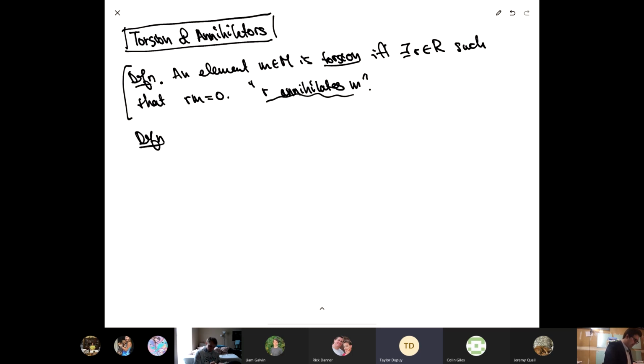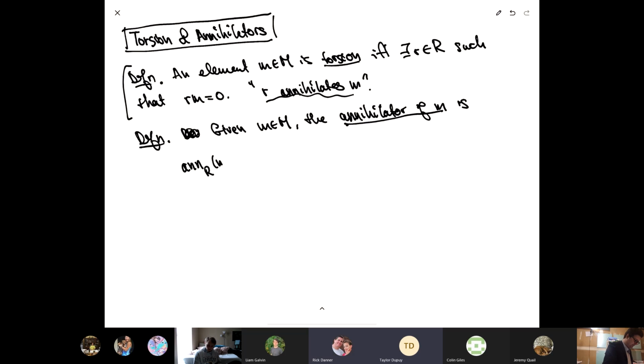Now let's give another definition. Given m in this R-module, the annihilator of m is the set of all r in R such that rm is equal to 0. I was just looking at Dummit and Foote real quick, and they say "is a torsion element."